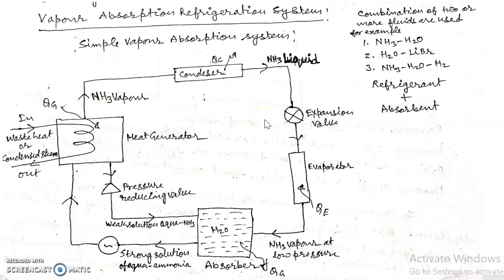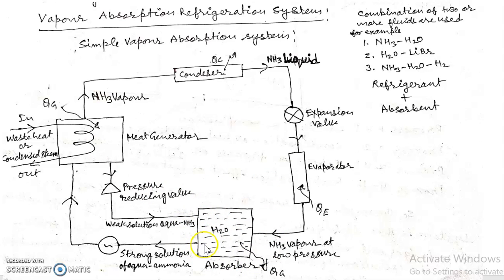This combination is selected such that there must be a good affinity between the refrigerant and absorbent at low temperature, meaning whenever temperature is low, the ammonia vapor is absorbed by water. It should also have bad affinity at high temperature, so the ammonia vapor which was absorbed in water separates out at high temperature. In this way the combination is selected.